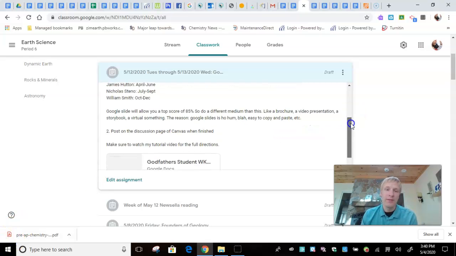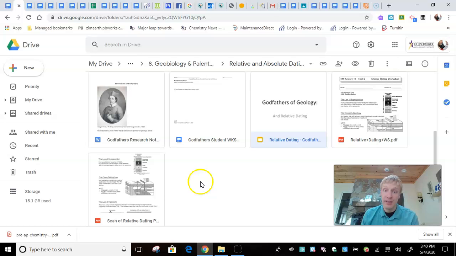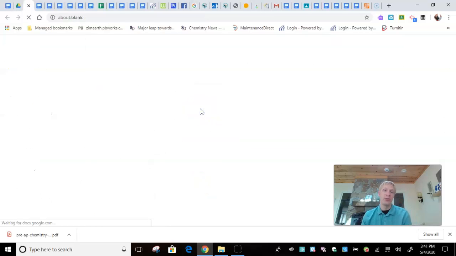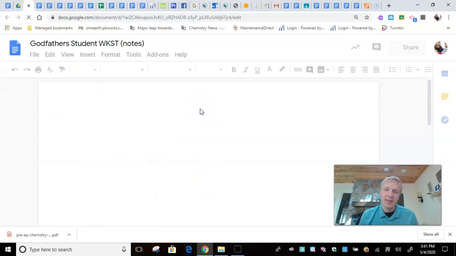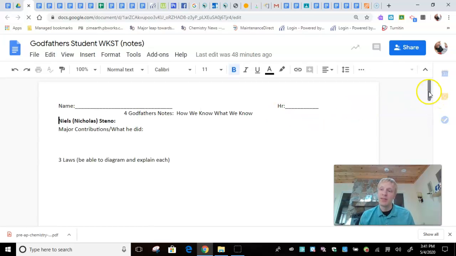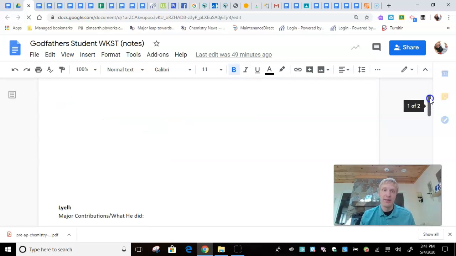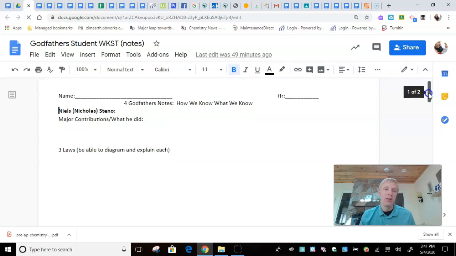Alright, so what information do we want to have? Alright, so I have it attached. It's the note sheet. And this note sheet, for now, I have it view only because you are using it just as a guide to know what you need to present. So if you are doing Nick Steno, you need to make sure, like, what's his major contribution, what are some things that he did.